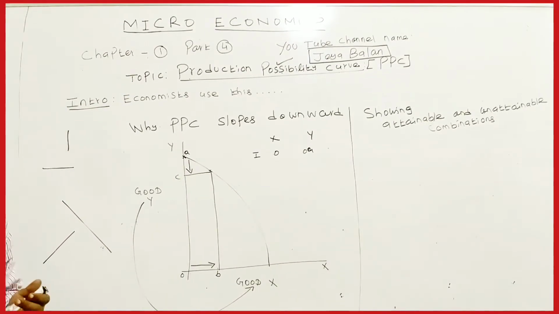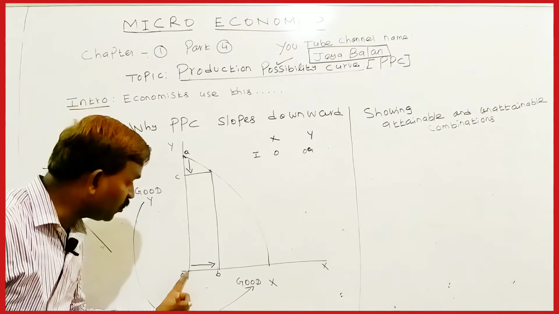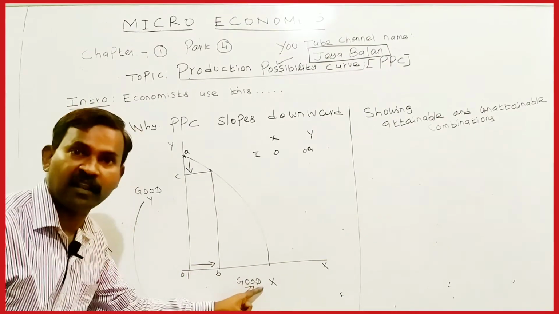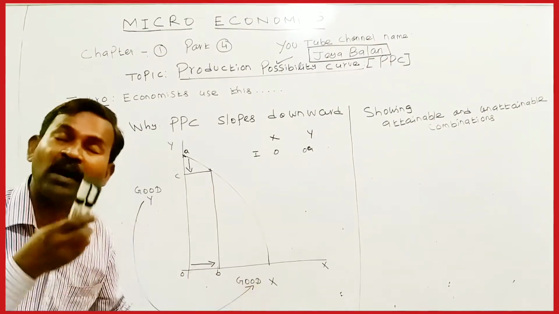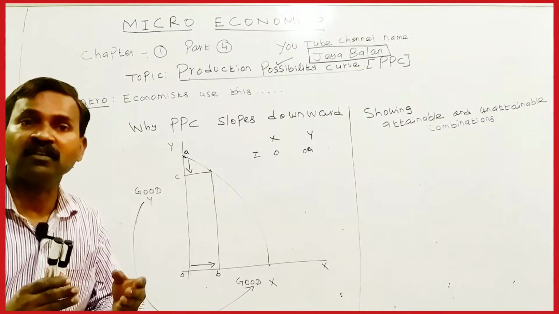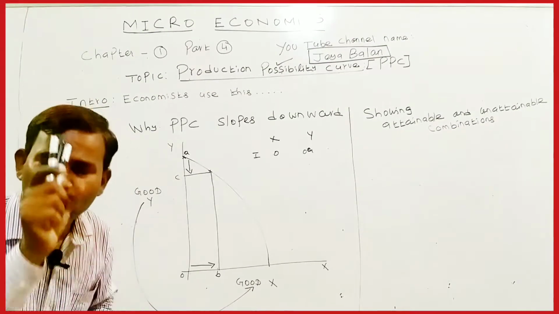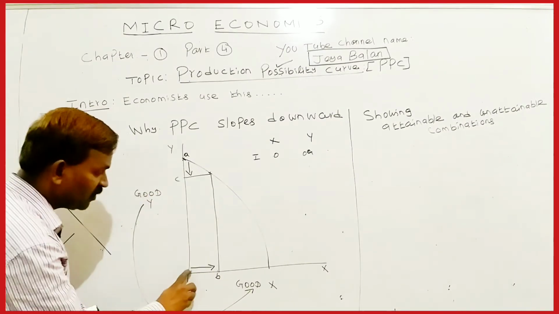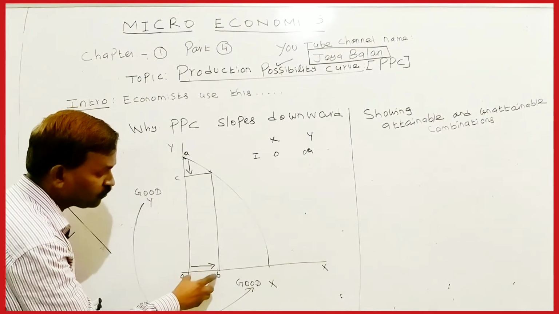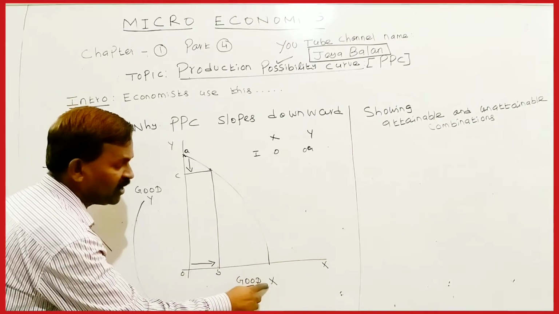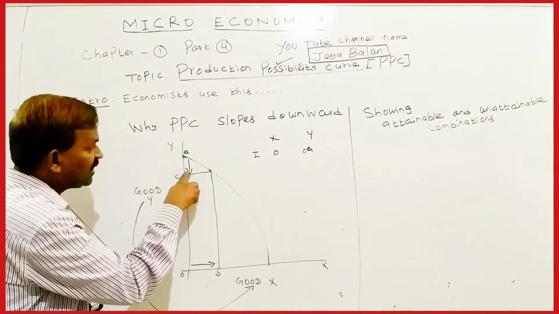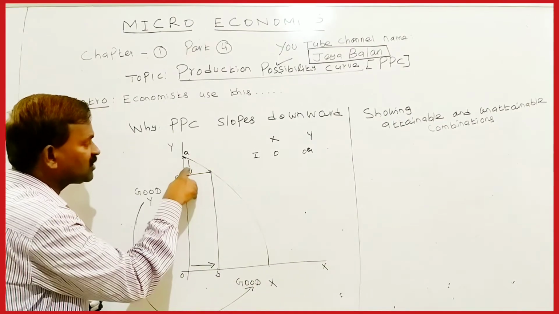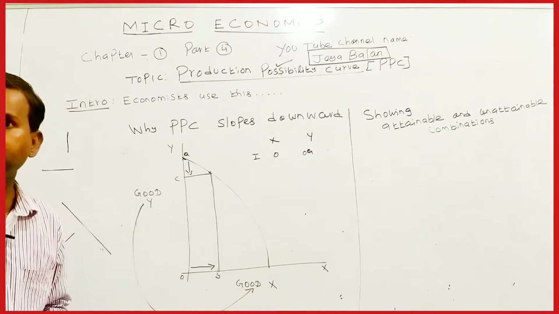So what is happening here? You are able to increase the production of one commodity, but for that you have to sacrifice. You have to lose some units in the production of good Y. You see here, with the help of an arrow, I have shown the increase in the production of good X and the decrease, or fall, or loss in the production of good Y.